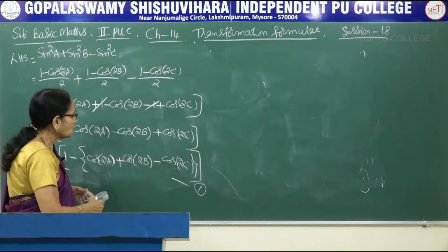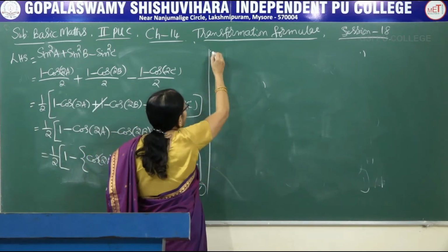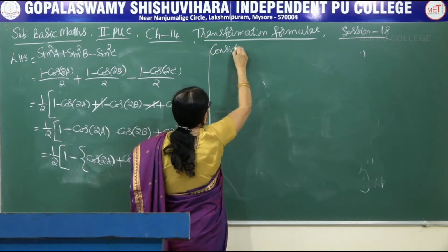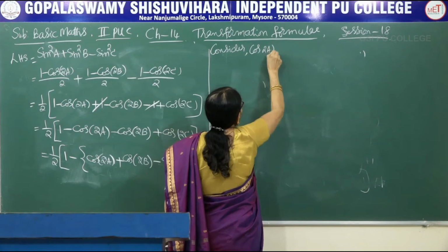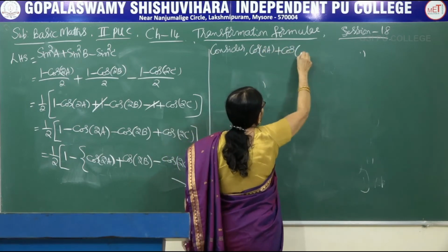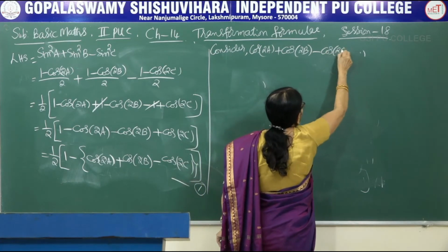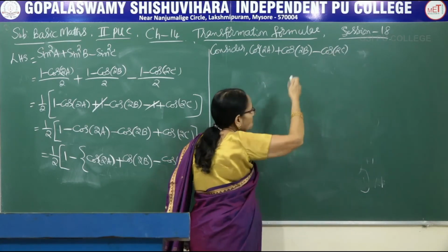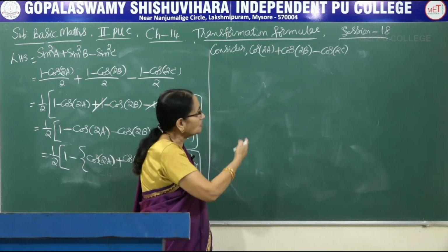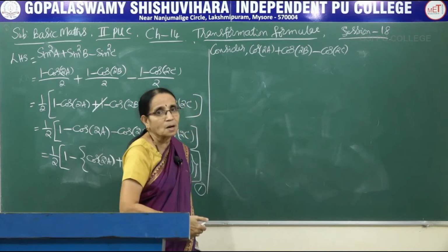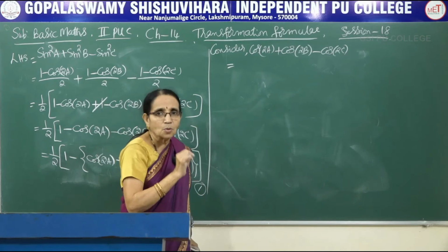So here we will be considering the expression that is inside the flower bracket: cos of 2a plus cos of 2b minus cos of 2c. You may remember the same expression we had in the earlier problem also. Now the same expression we will be getting on simplification, but it cannot be taken as a standard result. We have to show the calculation.